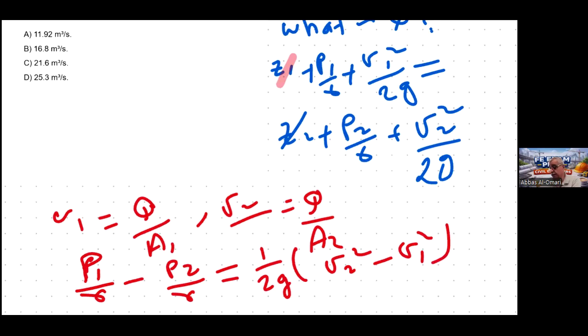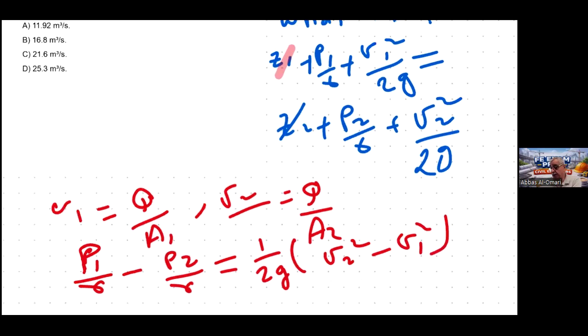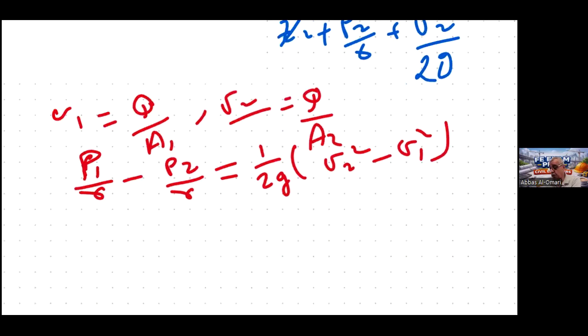From the left-hand side, I can take 1 over gamma out. I will now only do math. This is how we converted the information to an equation.